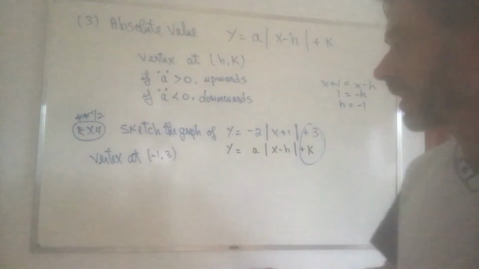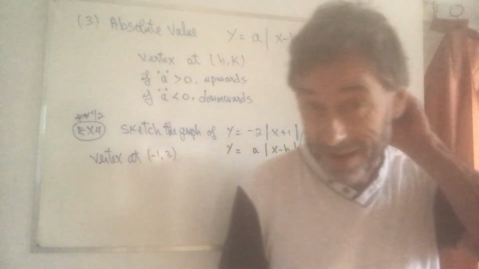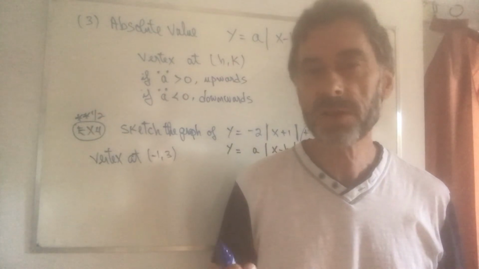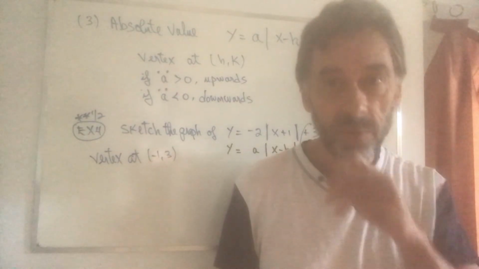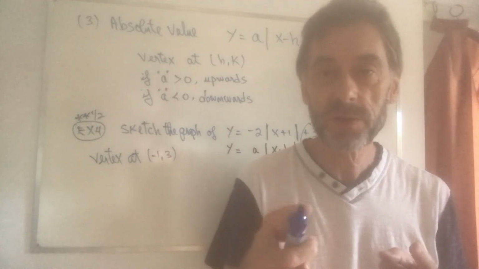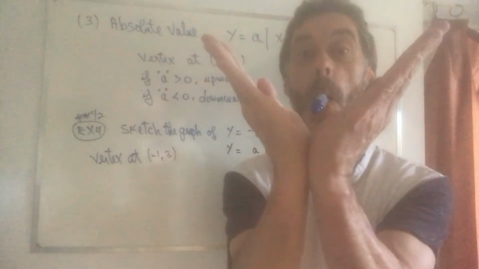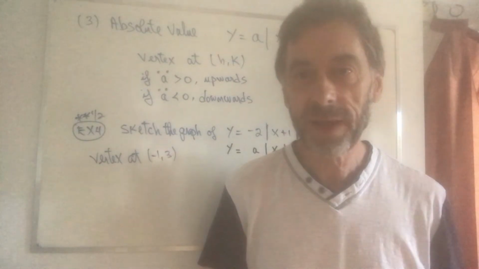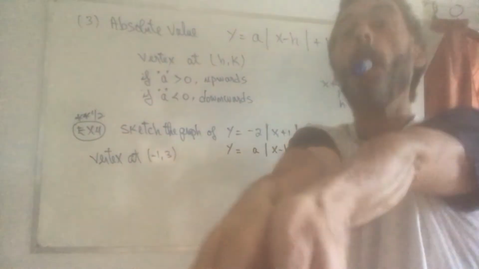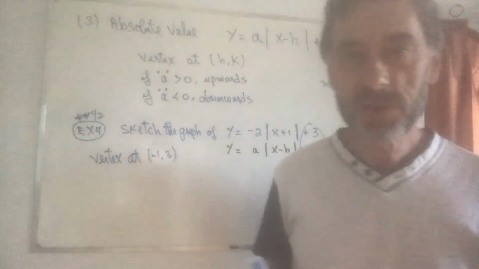Yes? Now, if you remember the general shape of the absolute value, anybody remembers what it looks like in terms of a letter in the alphabet? What does it look like? If it's upwards, the absolute value is going to look like a V oriented upwards. And if it's downwards, it's going to look like a V downwards like this, right?